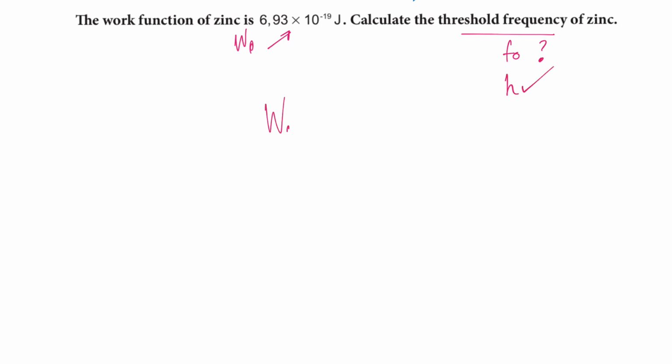So same thing, formula, W0 is equal to Planck's constant times threshold frequency. For this one, we've got our work function at 6.93 times 10 to the power of negative 19 is equal to 6.63 times 10 to the power of negative 34, and all of that times the threshold frequency.